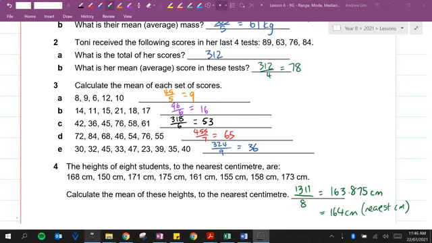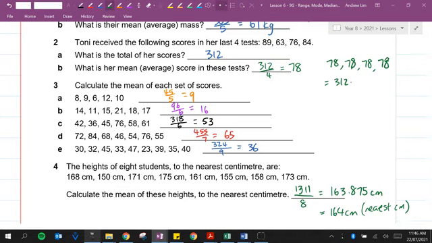Now, when we say average, it's like saying if she did 4 tests and she got 78 in all of them, 78, 78, 78, and 78, that's a total of 312. She will get the same total score if she got 78 in all 4 of them.